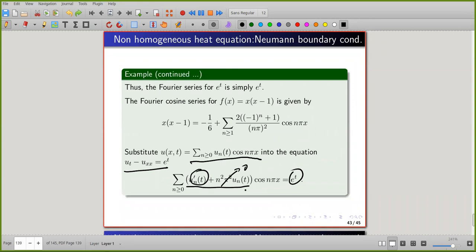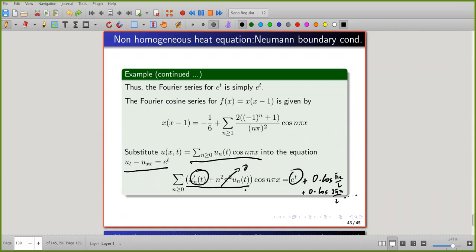So this is actually e to the power t plus 0 times the cosine series, cos(pi x by L), plus 0 times cos(2 pi x by L), and so on.